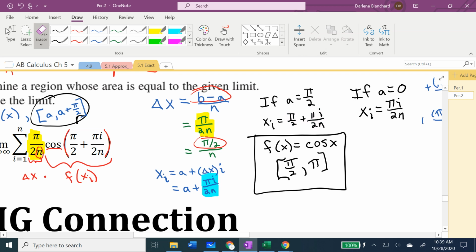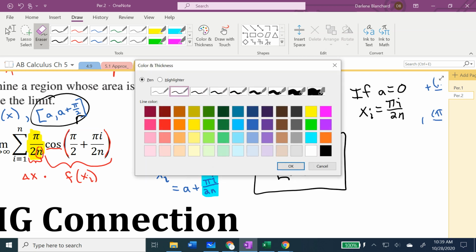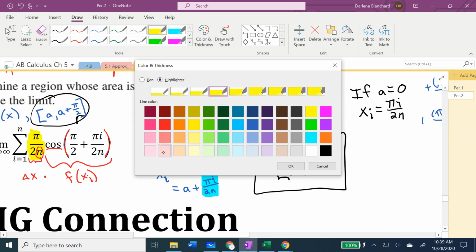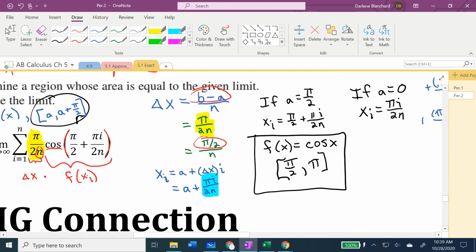And I'm going to try and take that pink away. Good. There we go. Oh, yeah, I know. You didn't like that I did that. And you're going to whine and complain to me. Okay. So if I choose a equals 0, then I want to carefully highlight pi i over 2n. And that is replaced with the x variable. And then my function is right there.